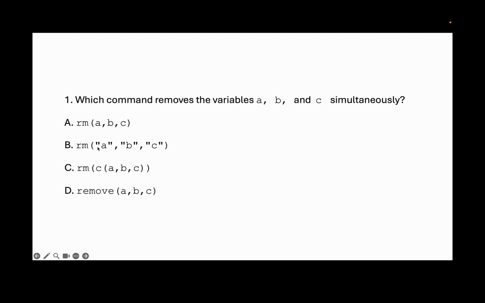C is not correct because we are not required to combine these variables, and remove is not a function of R. So rm is used to remove a particular variable, but we can use either of these options which will remove these particular variables from our environment.